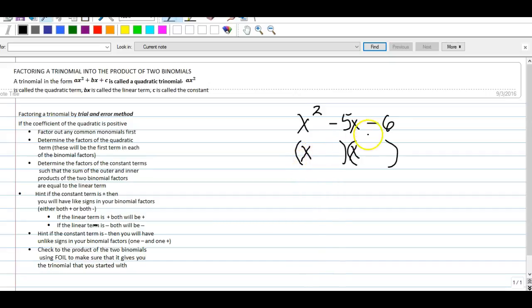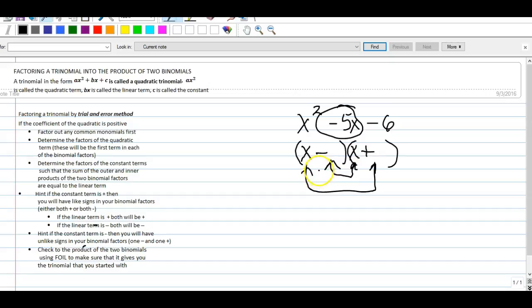Now we need to determine the factors of the constant term so that the sum of the inner and outer products of our binomial factors is equal to our linear term, which in this case is minus 5x. Well, a hint here, if the constant term is preceded by a minus, then you'll have unlike signs. One will be minus, and one will be plus.